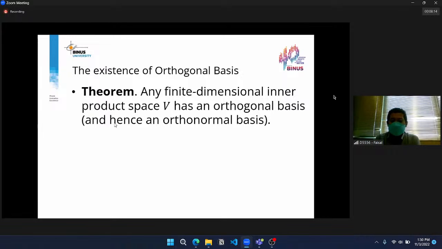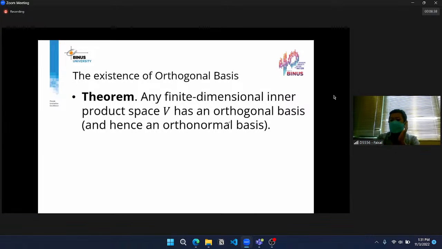This theorem implies that any finite dimensional inner product space V has an orthogonal basis. Also, any finite dimensional inner product space has an orthonormal basis. The difference between orthogonal and orthonormal is just the norm of the vectors.